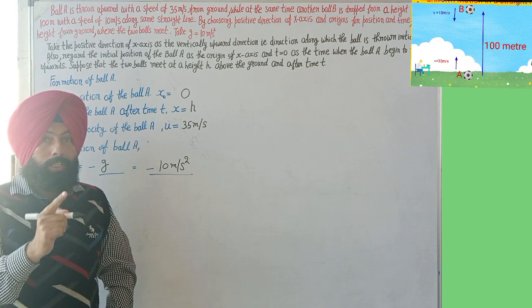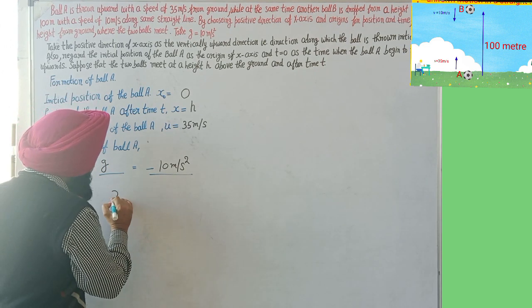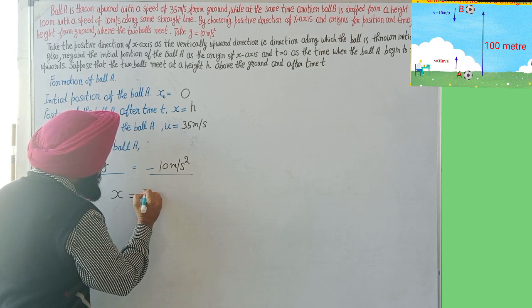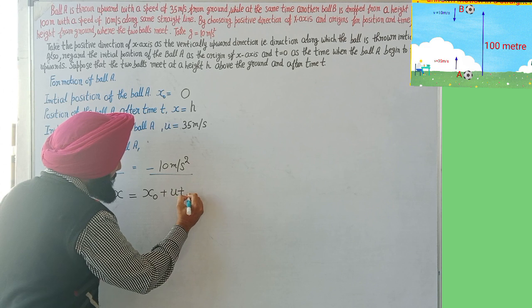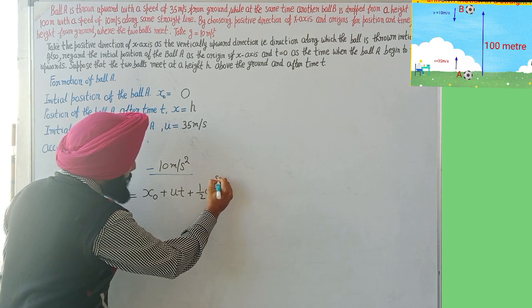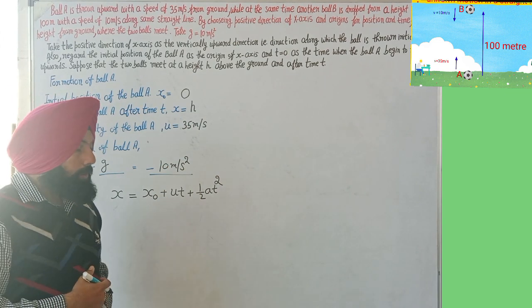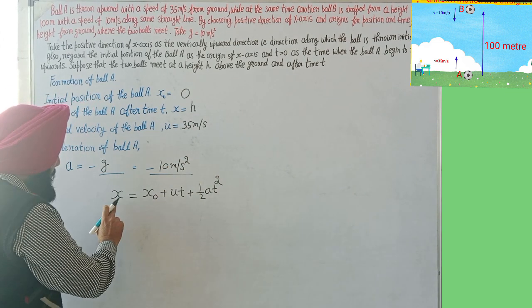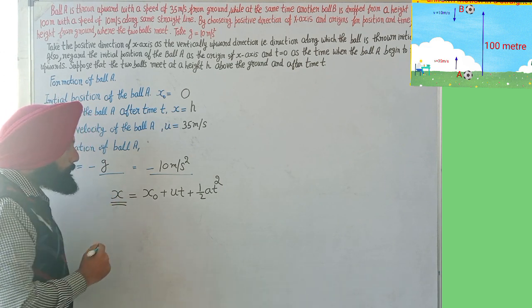So using the position time relation, that is x equal to x naught plus ut plus half at square. So x, what is x?